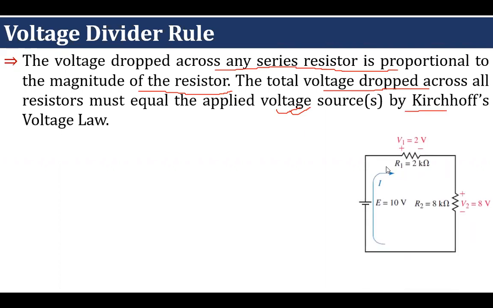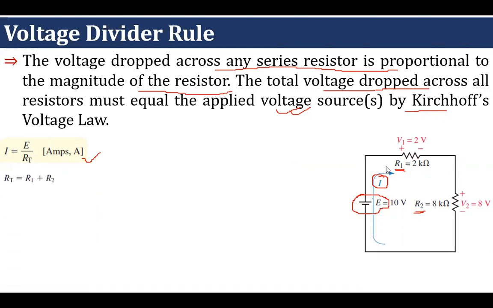So let's consider this circuit where a DC voltage has been connected with the series connected resistors R1 and R2. As per Ohm's law, the current I is equal to the applied potential E upon the net resistance, that is the total resistance.